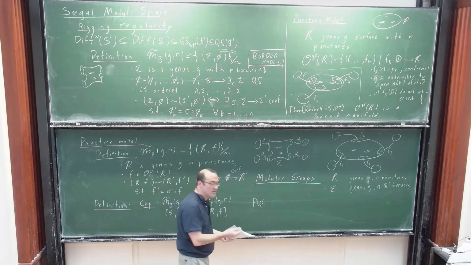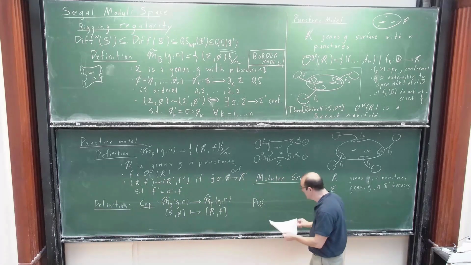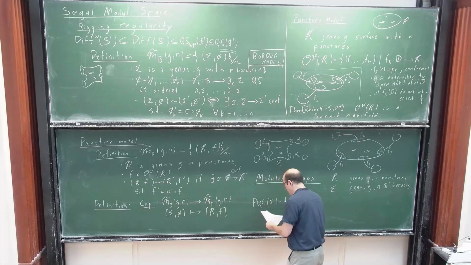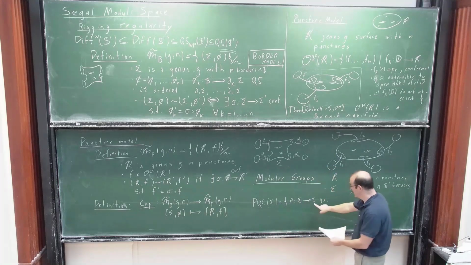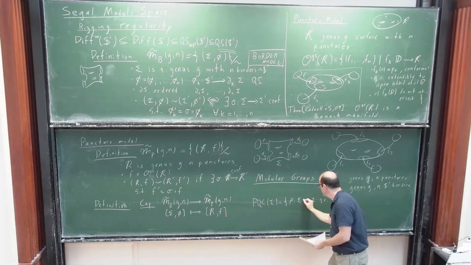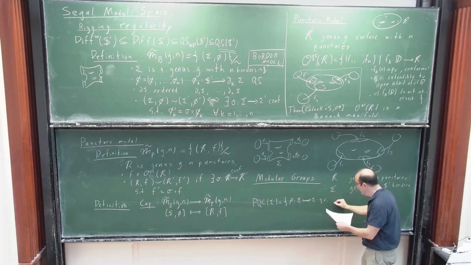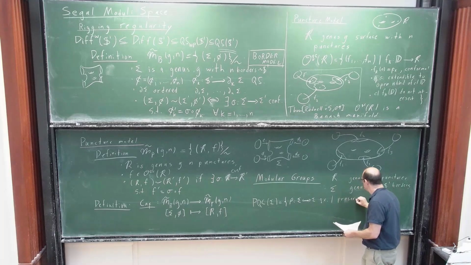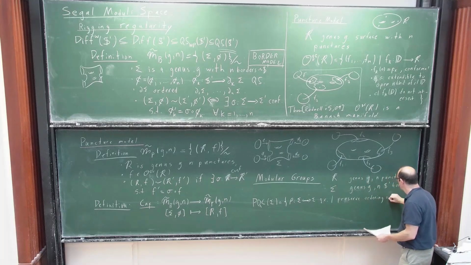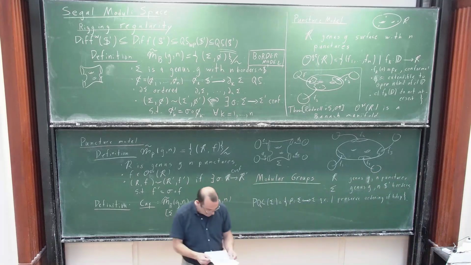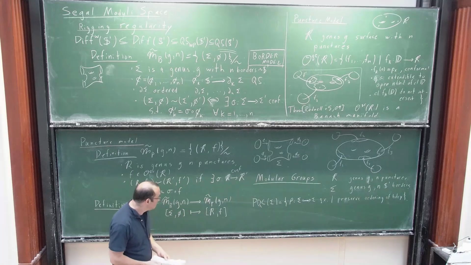So let me just define it carefully. I put PQC here of sigma. This is a set of quasi-conformal self-maps of sigma. And it's meant to be surjective and injective. I guess that's part of the definition. But it should preserve the boundary order. Okay? And that's what the P is for.